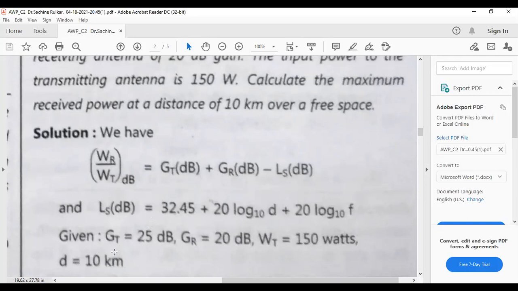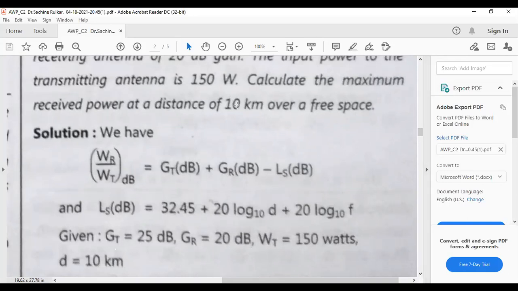The given parameters are: transmitting gain is 25 dB, receiving gain is 20 dB, transmitting power is 150 watt, and the distance is 10 kilometers.